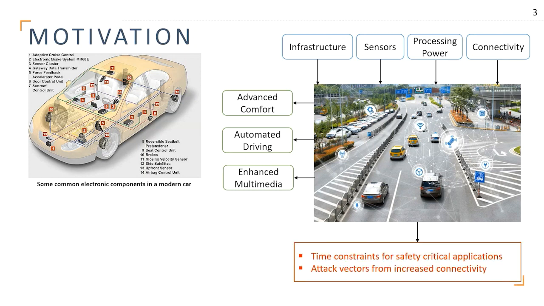One critical challenge is time constraints required for information exchange to have any relevance for safety applications, and two, to protect the integrity of this information, especially from new attack vectors due to added communication interfaces.